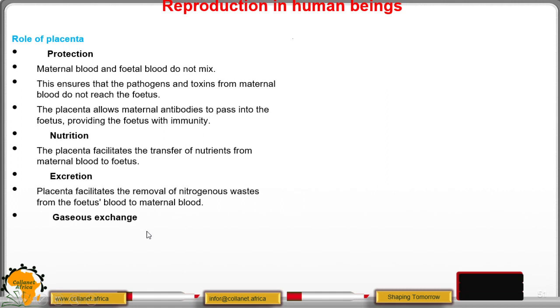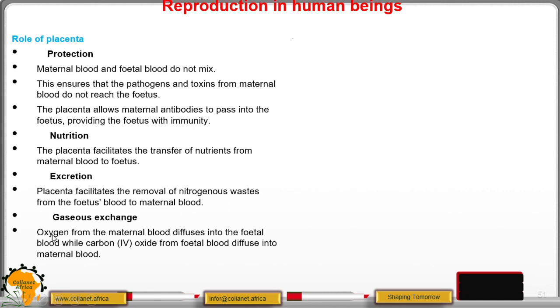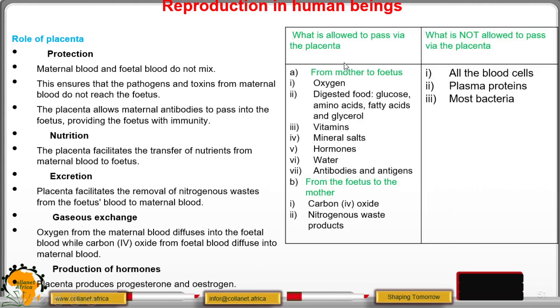The other role is gaseous exchange. We have oxygen from the maternal blood diffusing to the fetal blood as carbon dioxide from the fetus diffuses into the maternal system. The placenta also produces a number of hormones such as progesterone and estrogen.